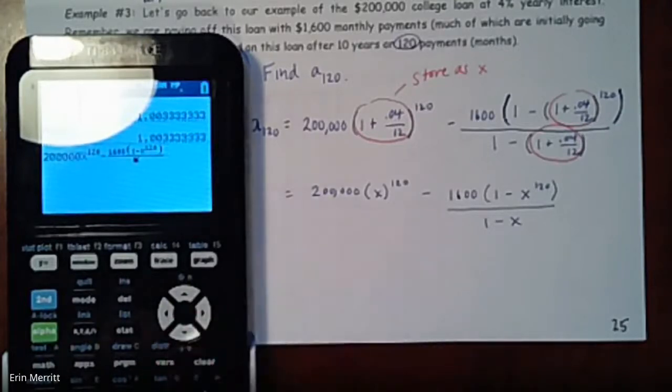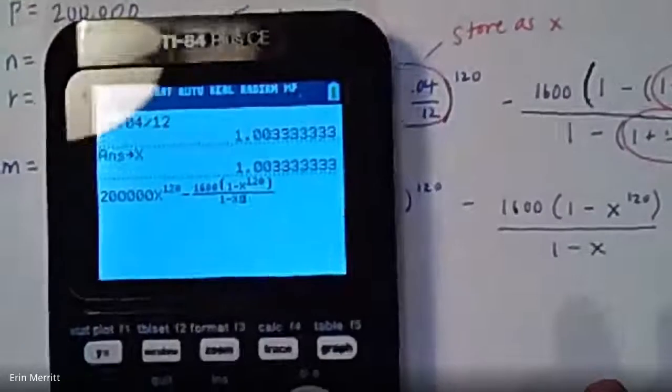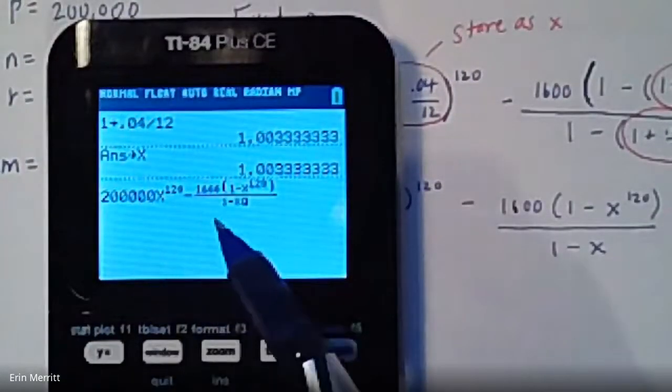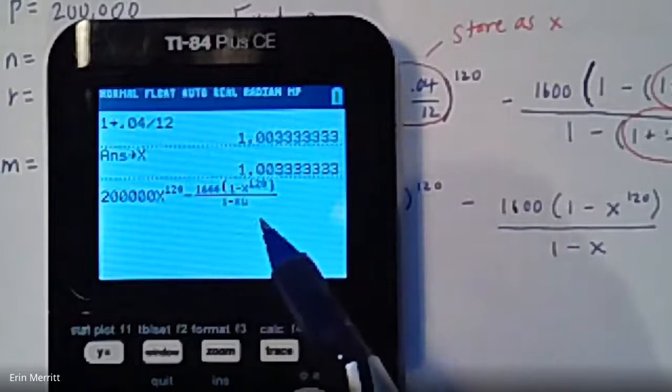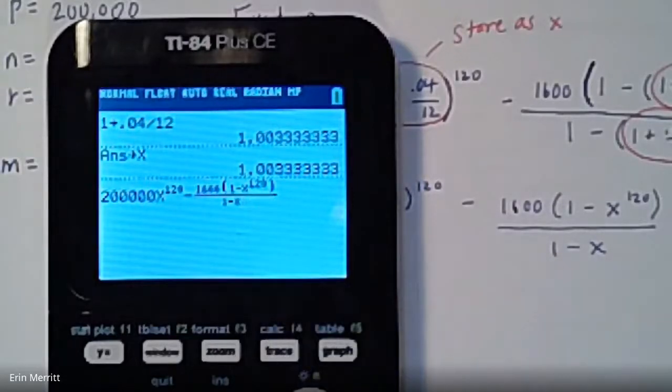And then on the bottom, 1 minus X. I'll leave that there for a second so you can see everything that I've typed in: the 200,000, X to the 120, and then minus 1600, 1 minus X to the 120, all over 1 minus X. When you're ready, hit enter.